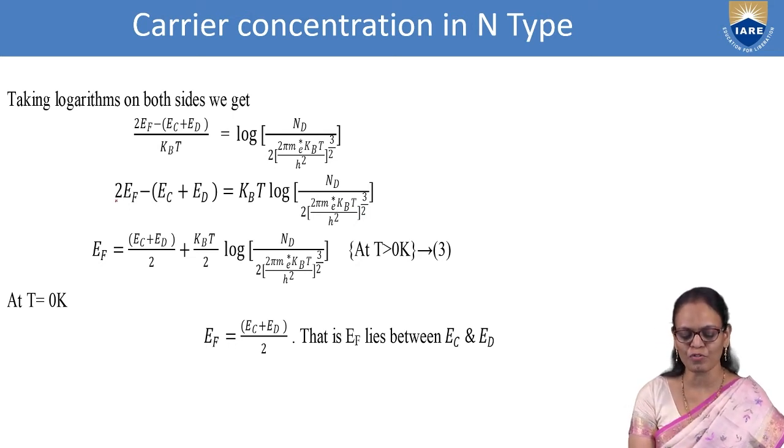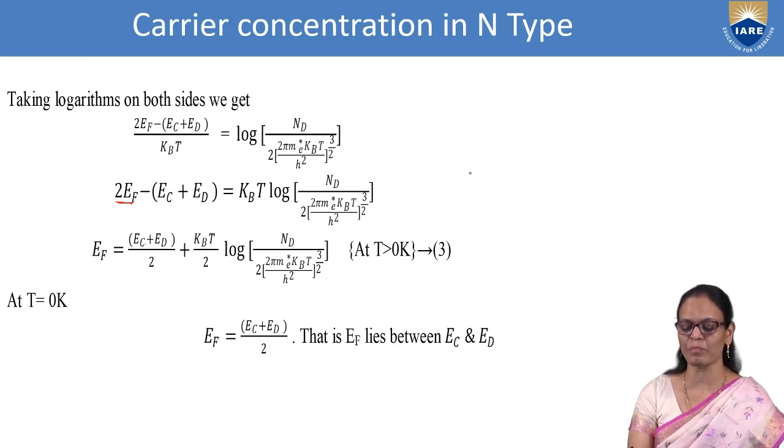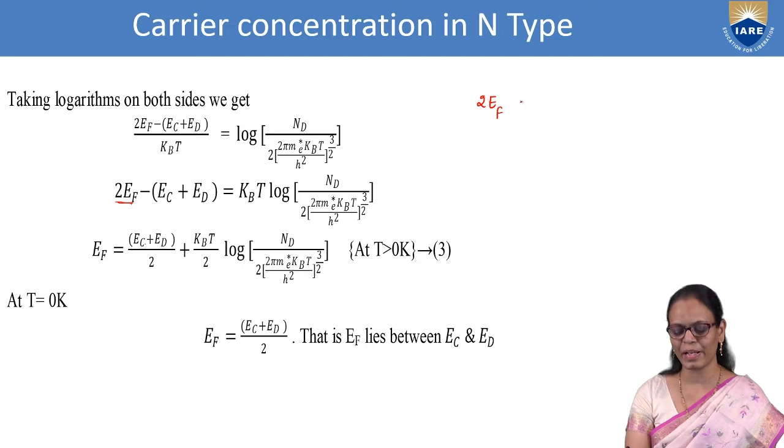Now we want to find Ef. Ef is the Fermi level. So we are going to take minus of (Ec plus Ed) also onto the right hand side. So this minus, if it comes onto the right hand side, it becomes plus. So Ec plus Ed, and this 2 we are getting because we are writing 2Ef. So 2Ef will be equal to Ec plus Ed.